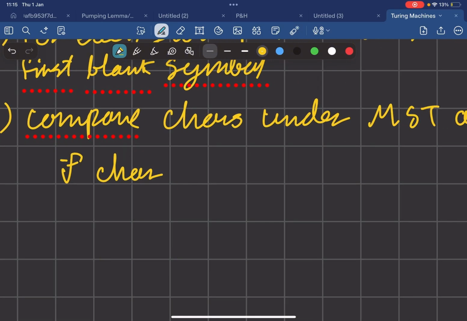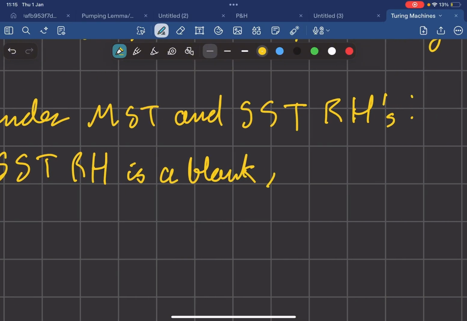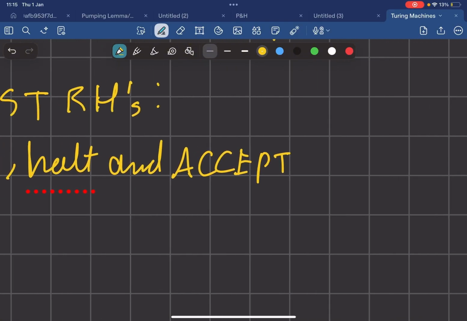So if the character under the substring tape read head is a blank, we halt and accept because we matched the entire substring. So we'll just say W has been found in X.